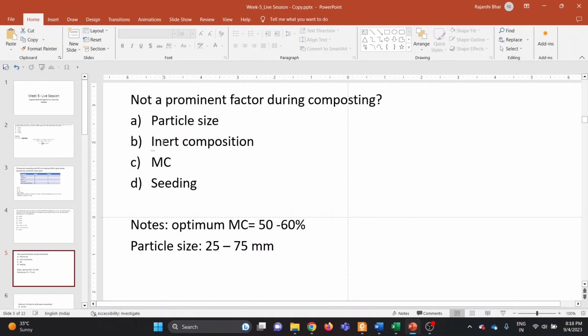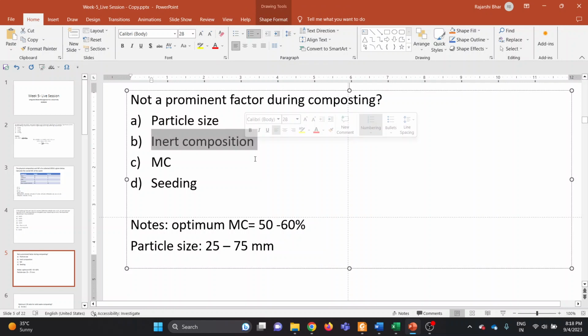What is not prominent or important is the inert composition, because composting by nature should not have inert in it, rather everything should preferably be degradable. In case you sometimes want to add something else, then it is a different matter, but ideally the inert part should not be there. Whatever is there, if you are adding some nutrients and all, they are basically not inert and they take part in these biochemical reactions.